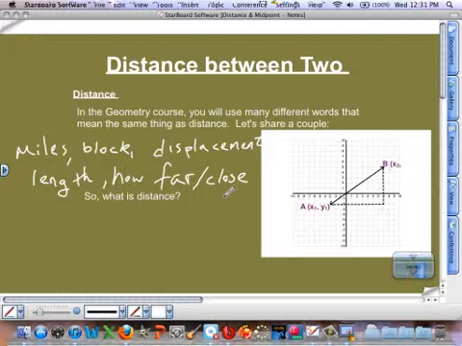But when I have a diagonal, like we do here, going from point A to point B, how would you find the distance? The slope only tells me how fast that's increasing. It doesn't tell me the actual distance. So how far over I went and how far up I went, but how do we find the distance?